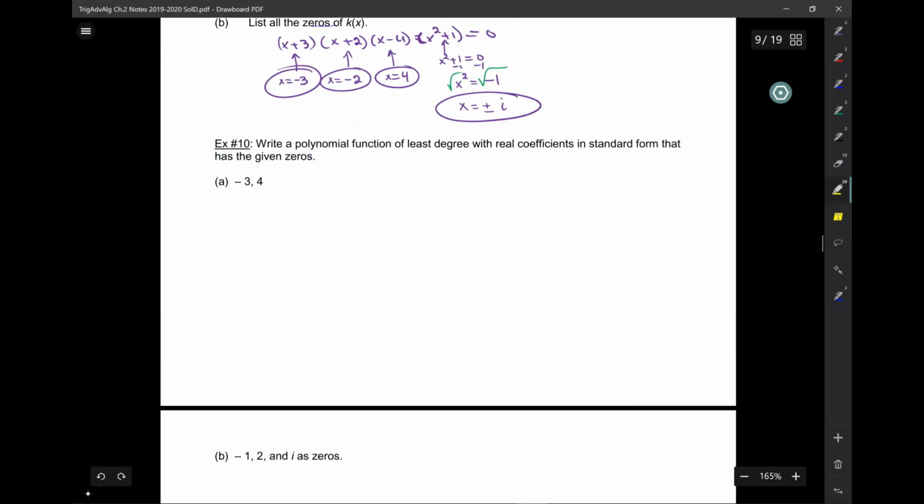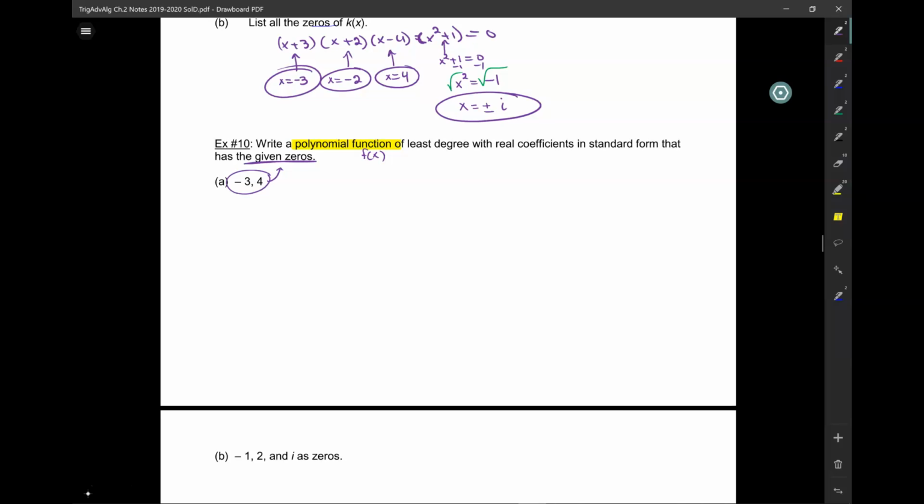So, it says write a polynomial function, which means we need to come up with f of x of least degree with real coefficients in standard form. I'll talk about all that later. That has the given zeros. What are the zeros? Those are the zeros.